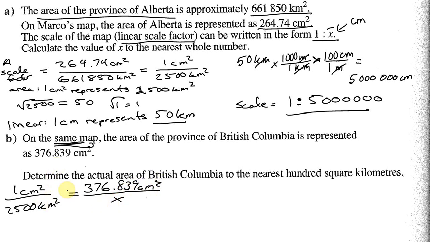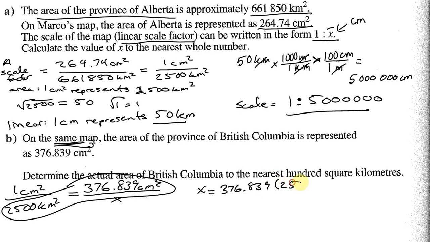And use the sombrero method to cross multiply and divide to get our x equals 376.839 times 2,500, which is 942,097.5 kilometers squared.